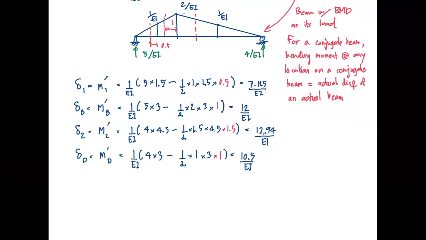And the last one, delta 3. It's a similar fashion. It's a moment at 3, and let me give you the number. This is 5.81 over EI. It's similar to what we have done before, and I guess you can do it. Okay. So from this information, we can plot the deformation of our primary structure, right?